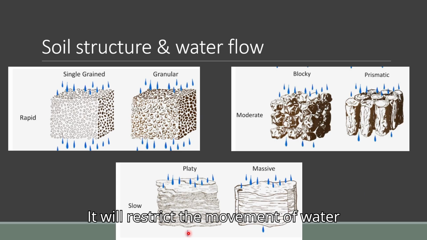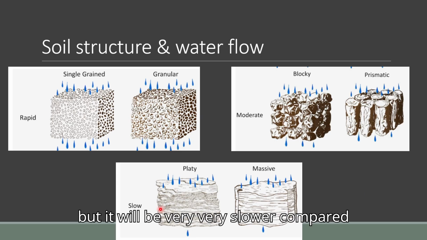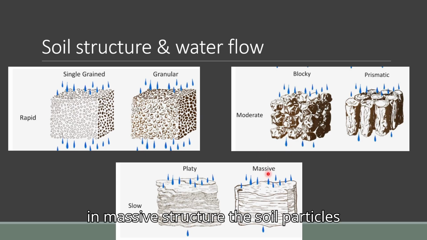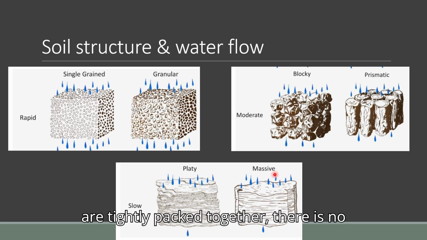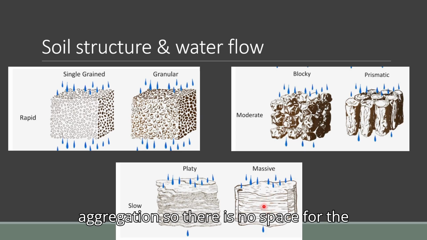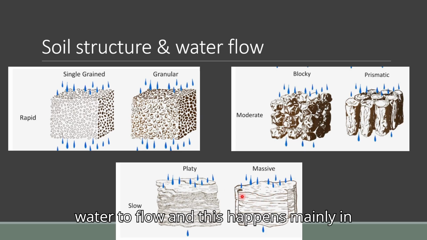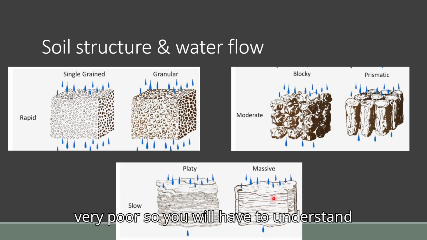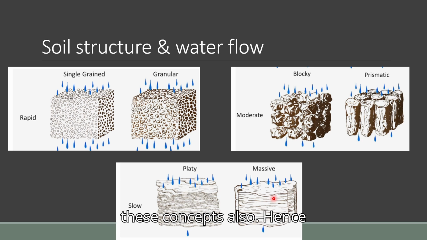It will restrict the movement of water, and it will be very slow compared to all other soil structures. While in massive structure, the soil particles are tightly packed together. There is no aggregation, so there is no space for the water to flow, and this happens mainly in compacted soil. There, the drainage is very poor, so you have to understand these concepts also.